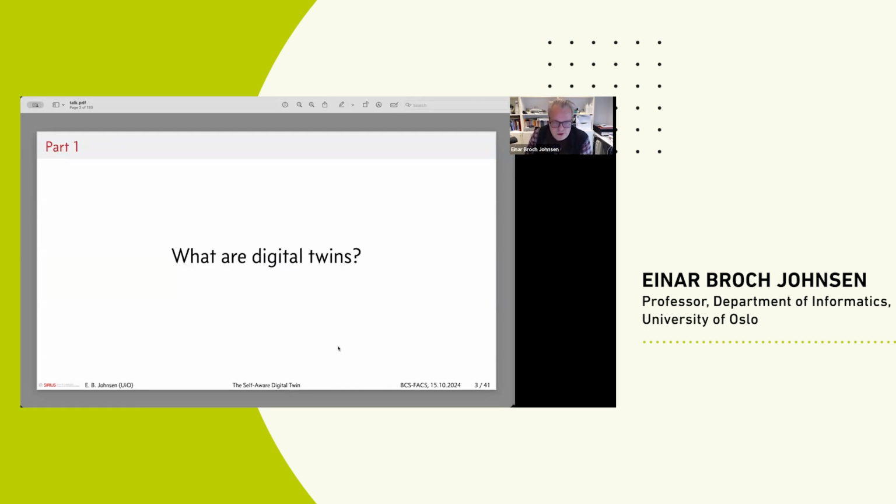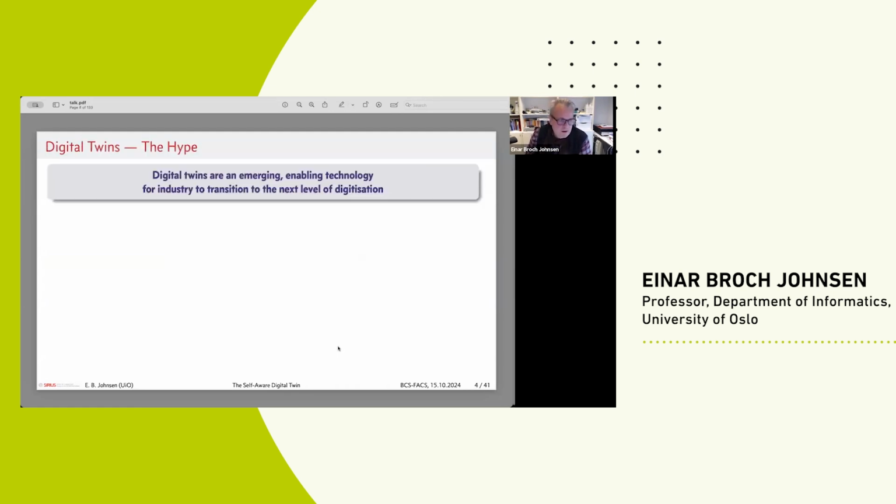So first of all, what is a digital twin? I should start by saying, and I think it was mentioned in the introduction, there's a lot of hype about it. They were talking about Industry 4.0, the transition to the next level of digitization in industry and so on.